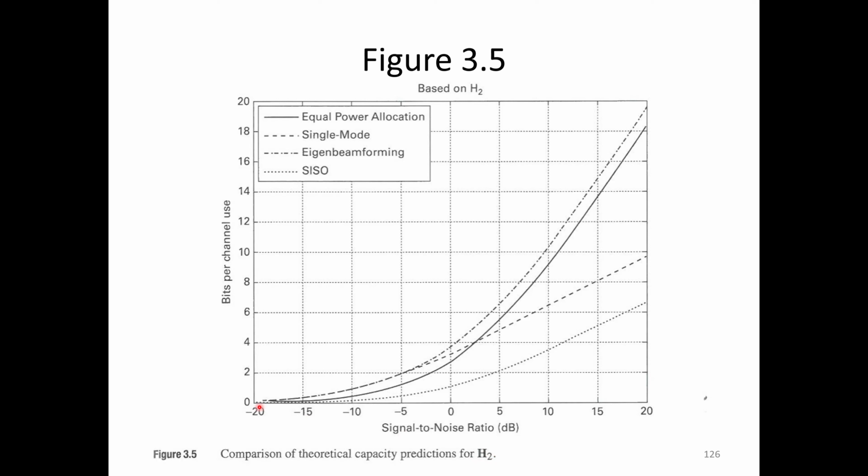For the x-axis, the signal-to-noise ratio is from negative 20 dB to 20 dB. And in the y-axis, it is the bits per channel use from 0 to 20. There are 4 curves in this figure.